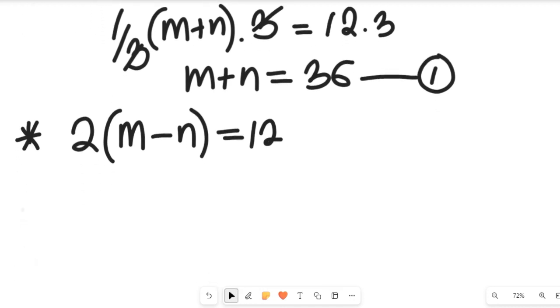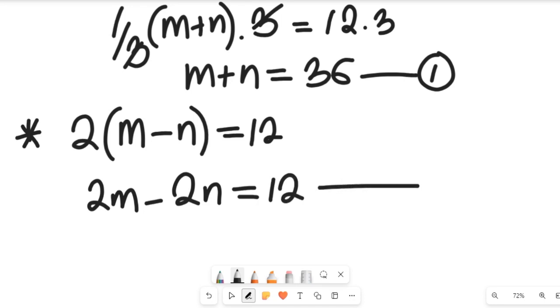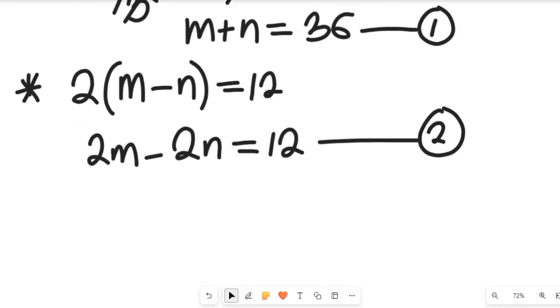Now let's simplify that. You have 2m minus 2n equal to 12, and that will become equation 2. So your main duty here is to solve these two equations for the values of m and n.